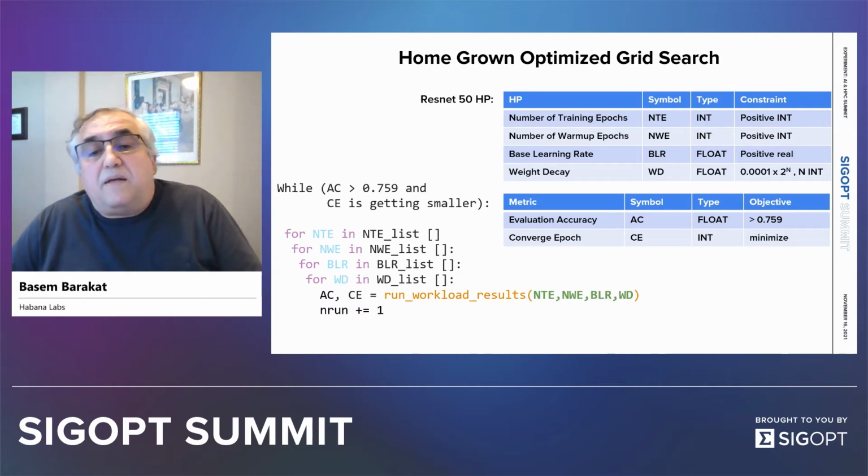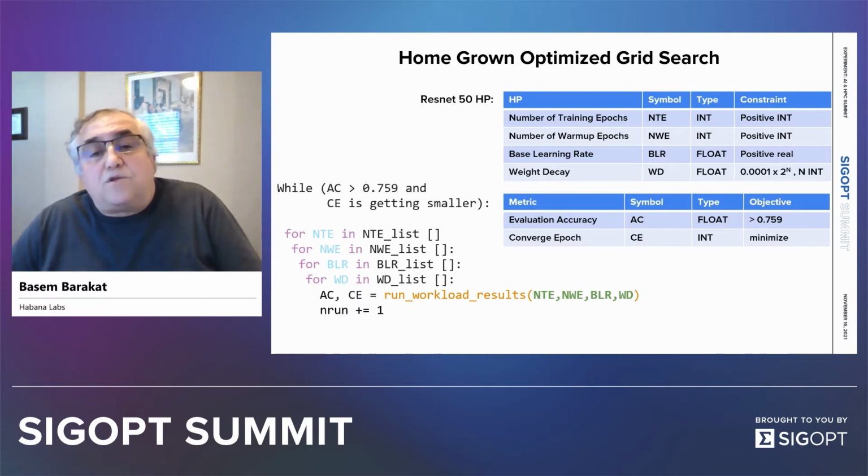But MLPerf put a constraint on the weight decay as shown. It has to be 0.0001 times 2 to the n, with n any integer. So that's the constraint we have. For the training epochs and the warm-up epochs, obviously, they need to be positive integers.